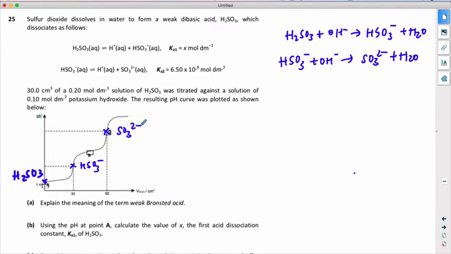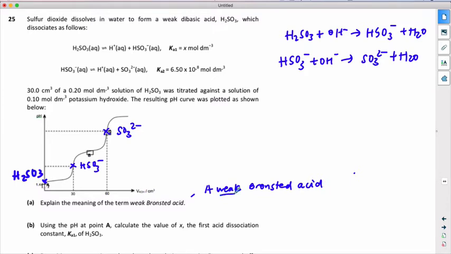All right, let's look at the question. Explain the meaning of the term Bronsted acid. What's a Bronsted acid? A weak Bronsted acid. How to explain the word weak?